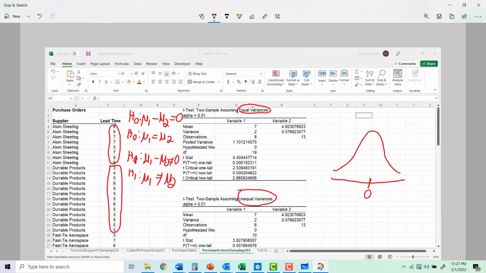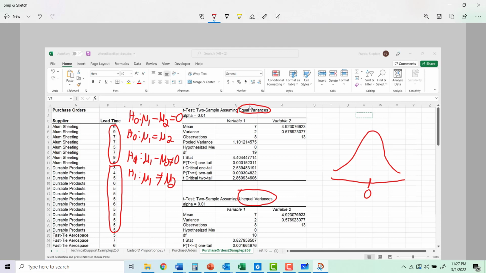For large sample sizes, these are usually pretty much identical. The other thing to note, if we have small sample sizes, we're assuming that our underlying data are normal. For large sample sizes, it doesn't matter as much, based on the central limit theorem.